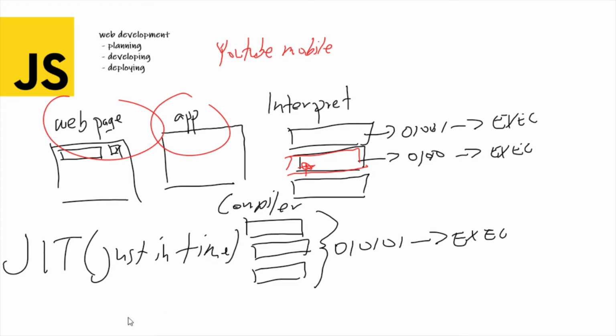All that means is that, based on what code needs to be executed and when, the JavaScript engine will compile whole blocks of code and have them waiting somewhere in the wings. Other lines of code it'll execute directly. We're going to get into what a JavaScript engine is in a bit, but just understand that this just in time means that it maximizes for efficiency. Code that can be compiled ahead of time is compiled ahead of time. Code that can't is executed line by line.